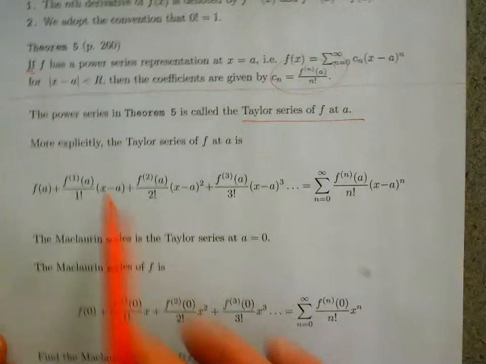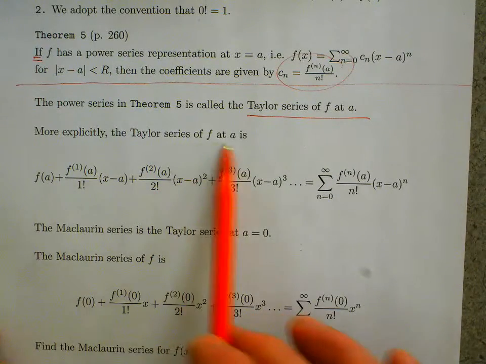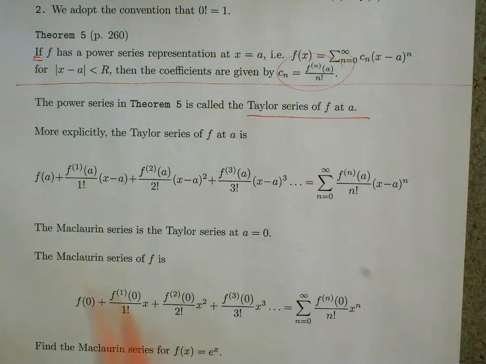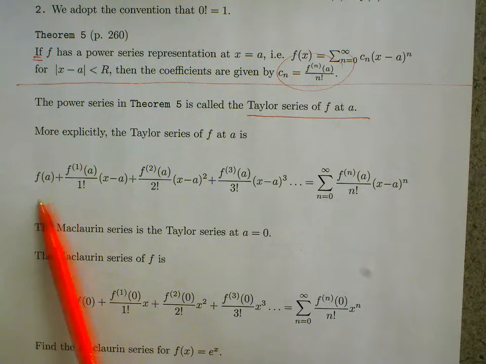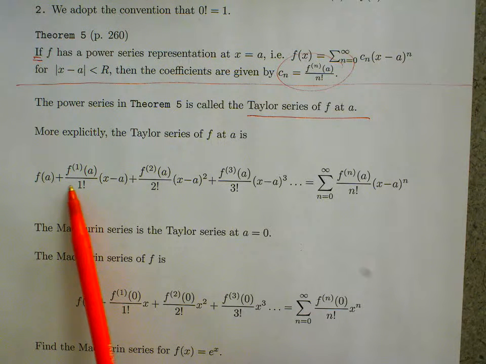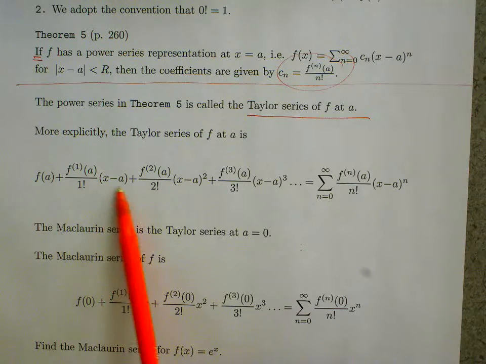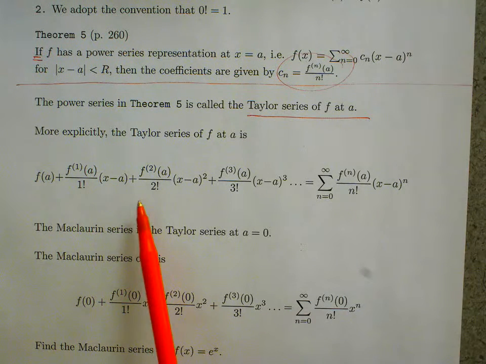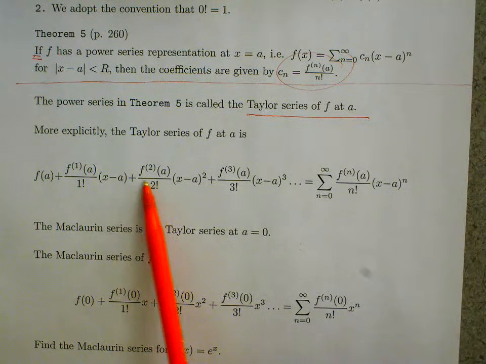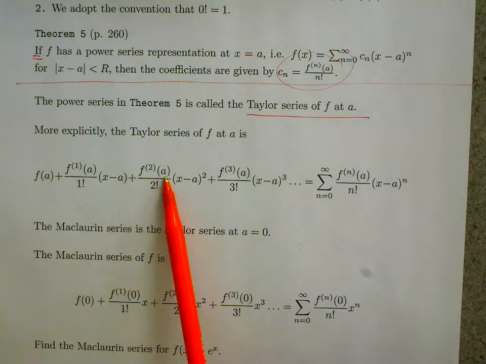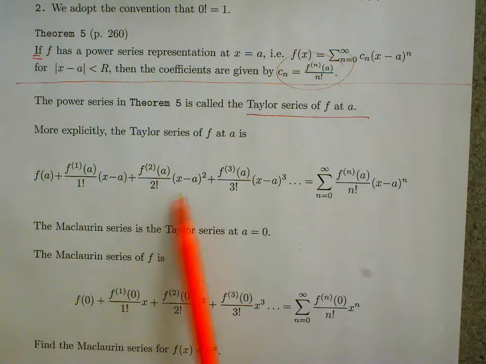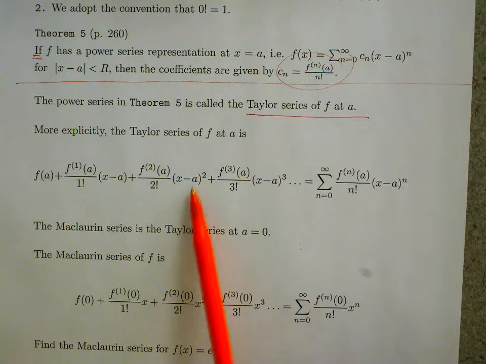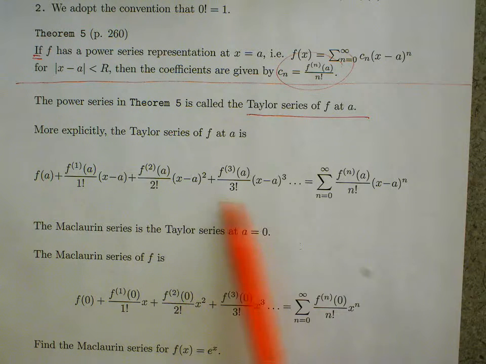So more explicitly, the Taylor series of f at a is f of a plus the first derivative of f evaluated at a divided by 1 factorial times x minus a to the first, plus the second derivative of f evaluated at a divided by 2 factorial times x minus a to the second, and so on.